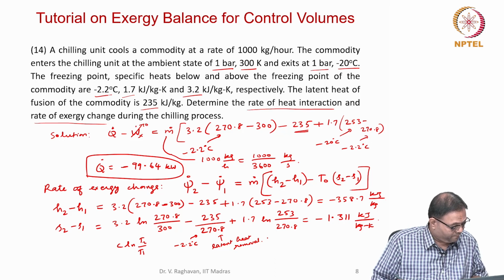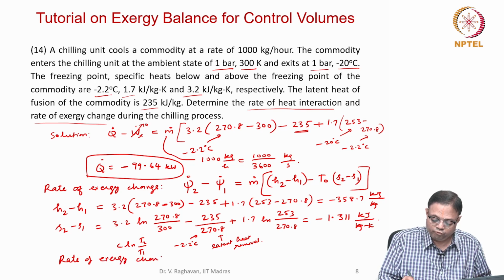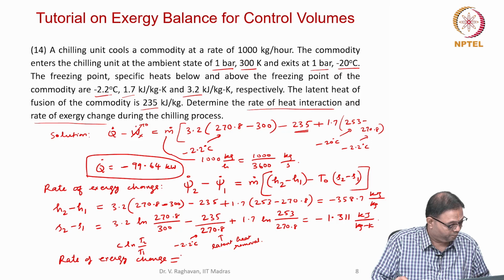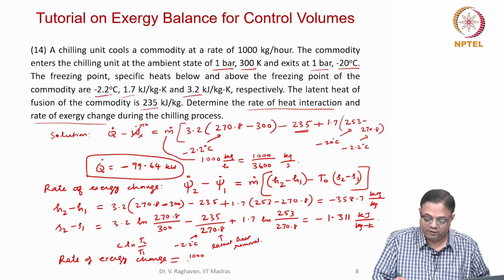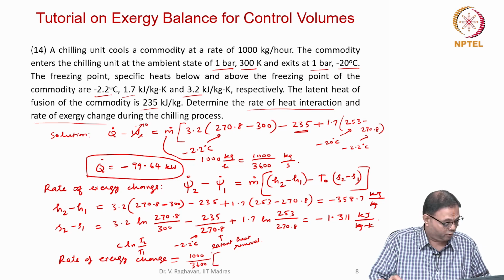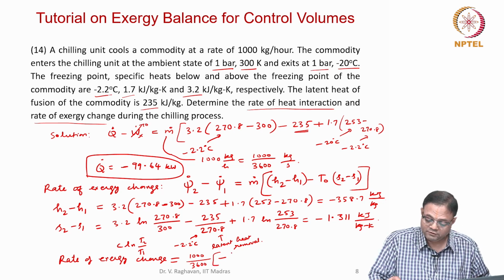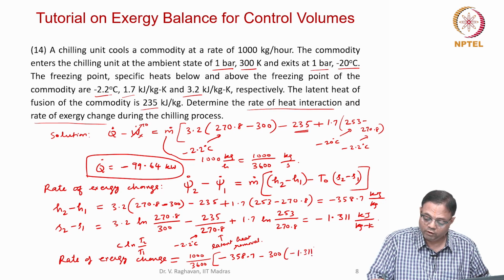Now we have to find the rate of exergy change. Rate of exergy change equals the flow rate, that is 1000 kg per hour divided by 3600, into minus 358.7, that is H2 minus H1, minus T naught, which is 300, into minus 1.311.